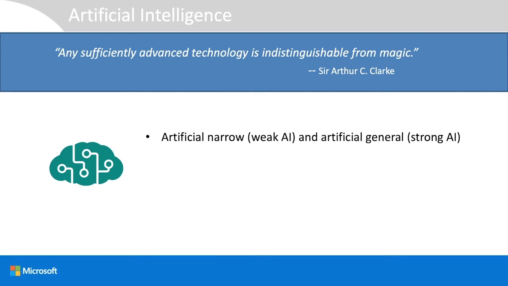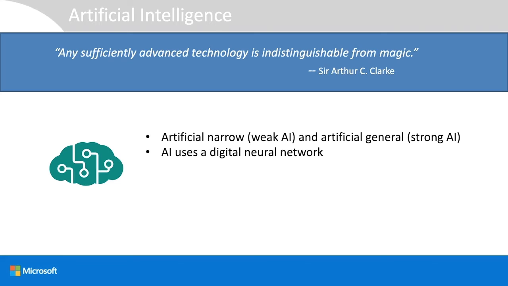And weak AI is an AI that's capable of performing one specific task much more efficiently than a human can perform that same task. On the other end of the spectrum is artificial general intelligence, or strong AI, and that's the AI that you often see depicted in movies and in science fiction books. But that kind of AI does not currently exist, so we can just all breathe a collective sigh of relief.